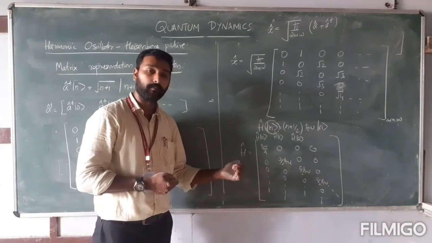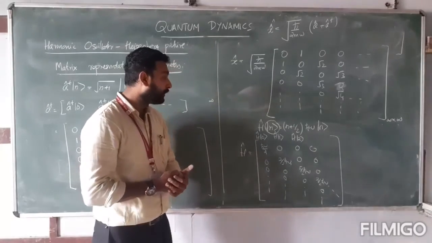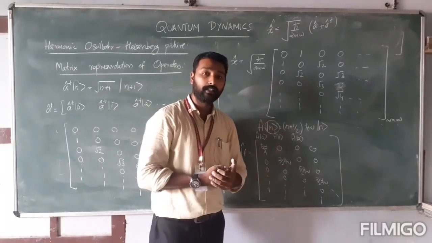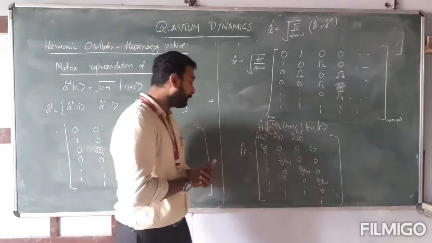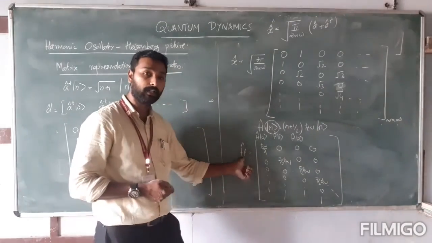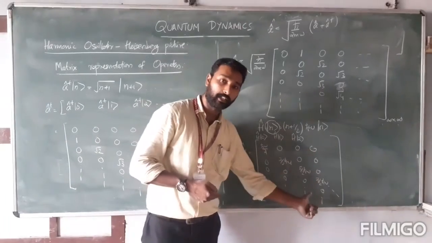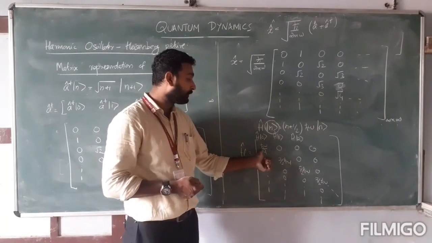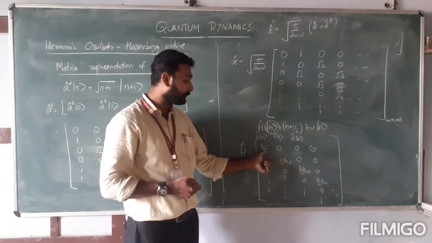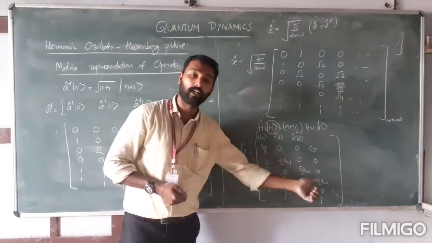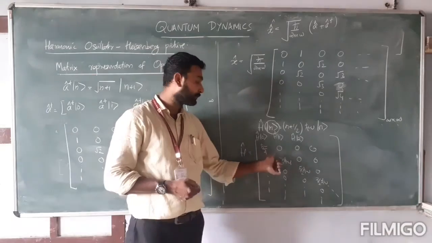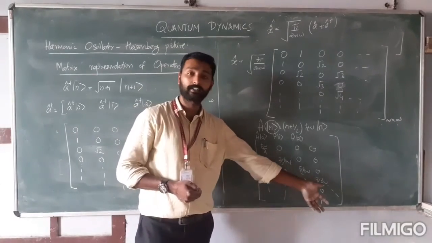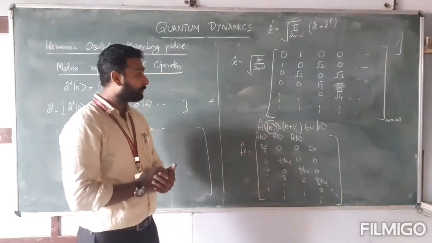So in the case of the harmonic oscillator, if you choose the energy eigenstate ket n as the basis state, then the representation of the Hamiltonian in matrix form would be a diagonal matrix, in which the diagonal elements would be the eigenvalues: the first for the ground state, then the first excited state, second excited state, and so on.